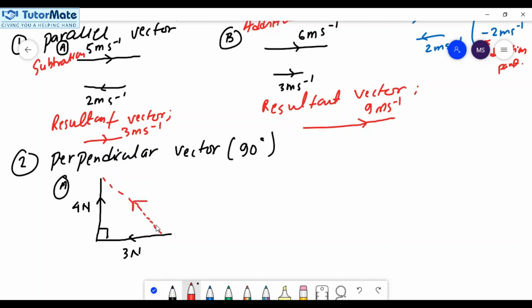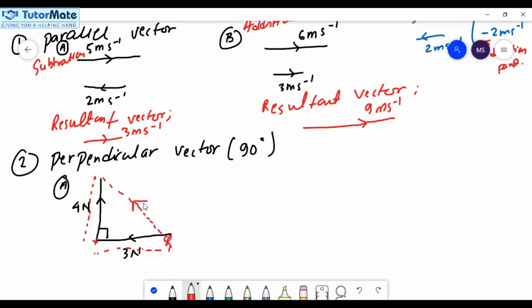Remember, you can always use an analogy like a person who starts from this point. He starts to walk in this direction, reaches this cross point, and again reaches the top point.